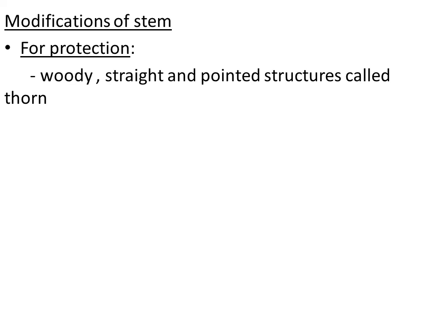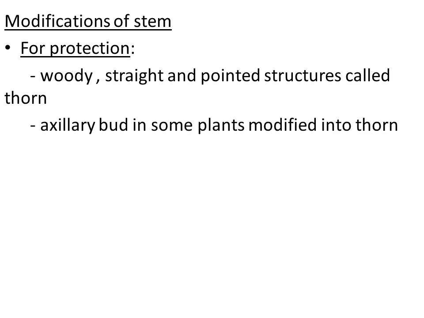So this is one modification of the stem seen in some plants to protect themselves from browsing animals. Which part of the stem leads to the formation of thorn? That is nothing but the axillary bud. In some plants the axillary bud gets modified into a woody, straight, pointed structure called a thorn, right?